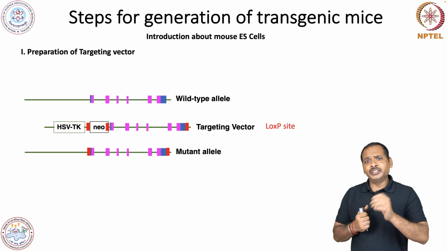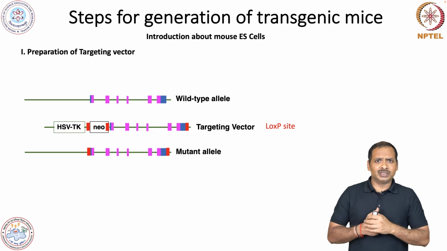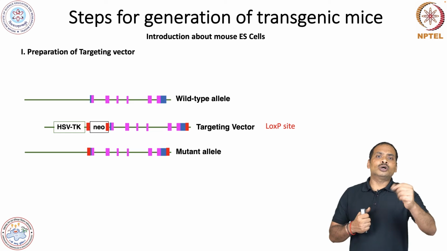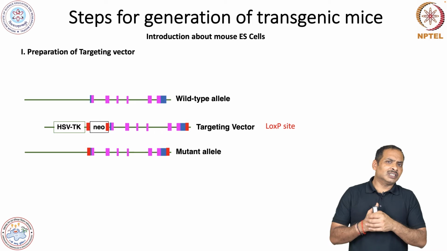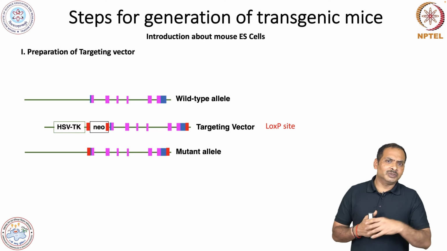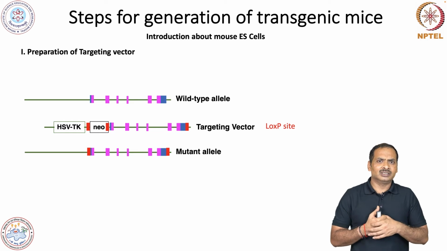But there will be a neomycin, and you need to remove this neomycin. When you introduce a plasmid which will express the Cre enzyme in the cell, this is a simple way, or I will say this is the only way.